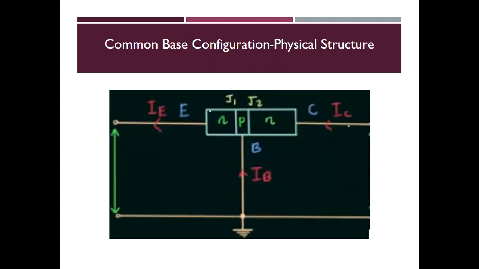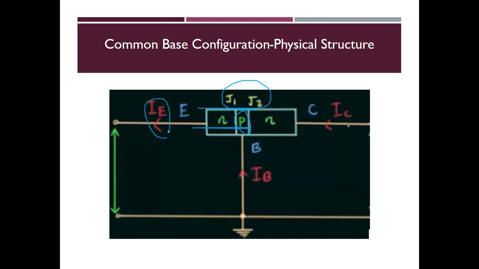Here we have taken an NPN transistor, that is, a P-type material sandwiched between two N-type materials. So here is one NP diode and this is a PN diode, thereby creating two junctions J1 and J2. The center one is the base, the left is the emitter and the right one is the collector.